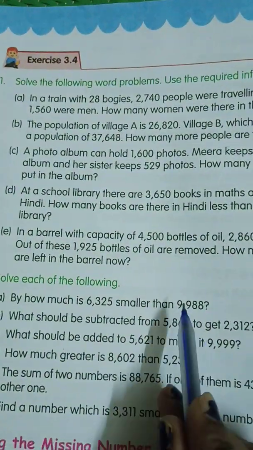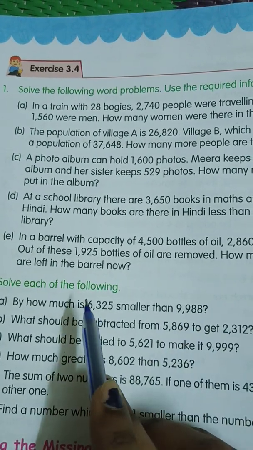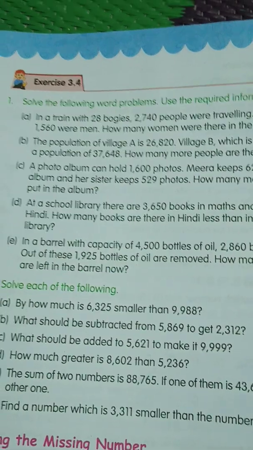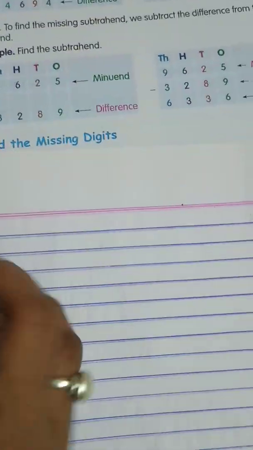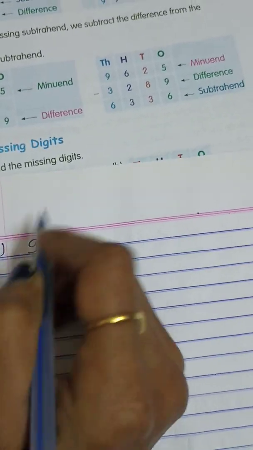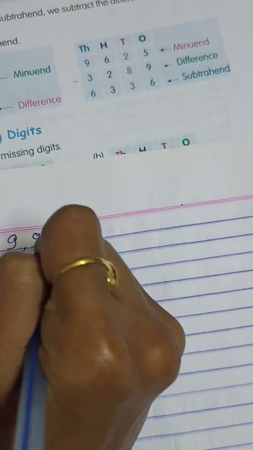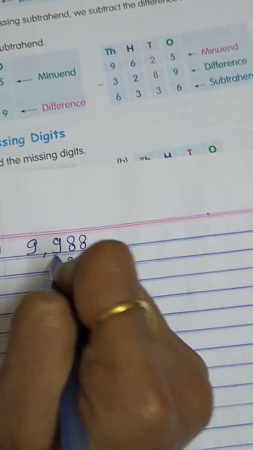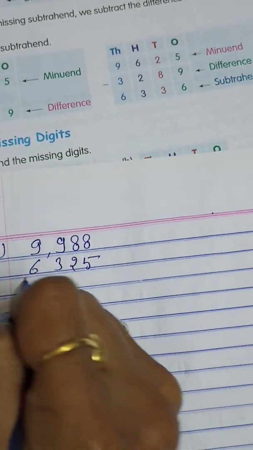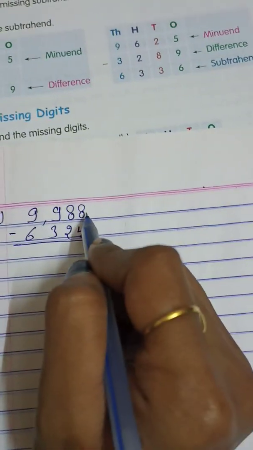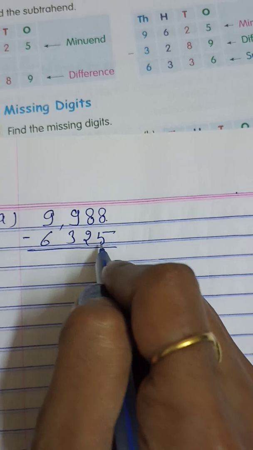First you have to write this number and subtract this number from this number, like this. So you get your answer. Minus it. This is 8 minus 5 from 8.